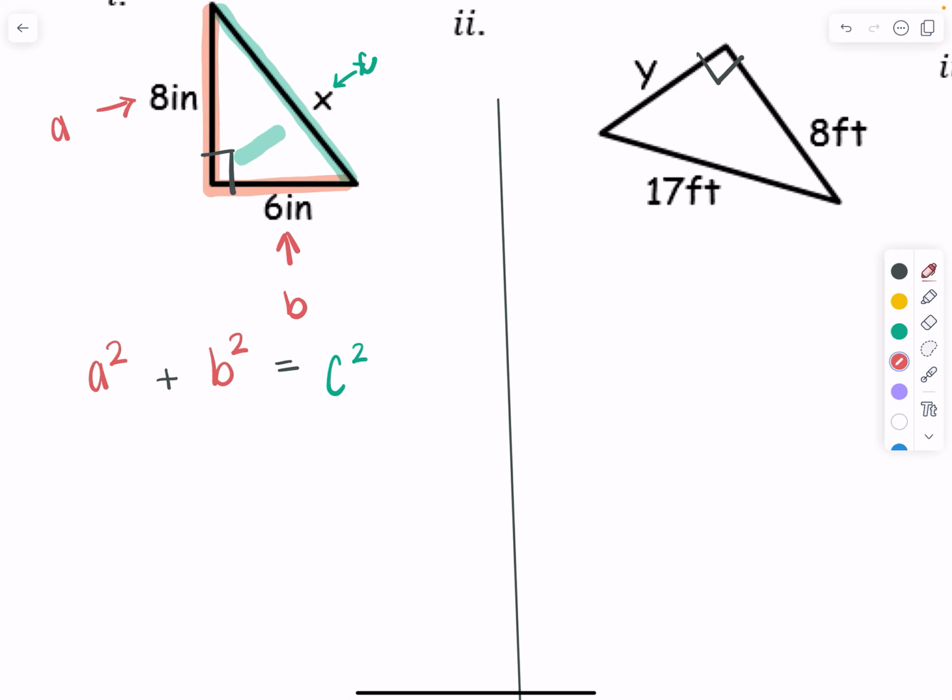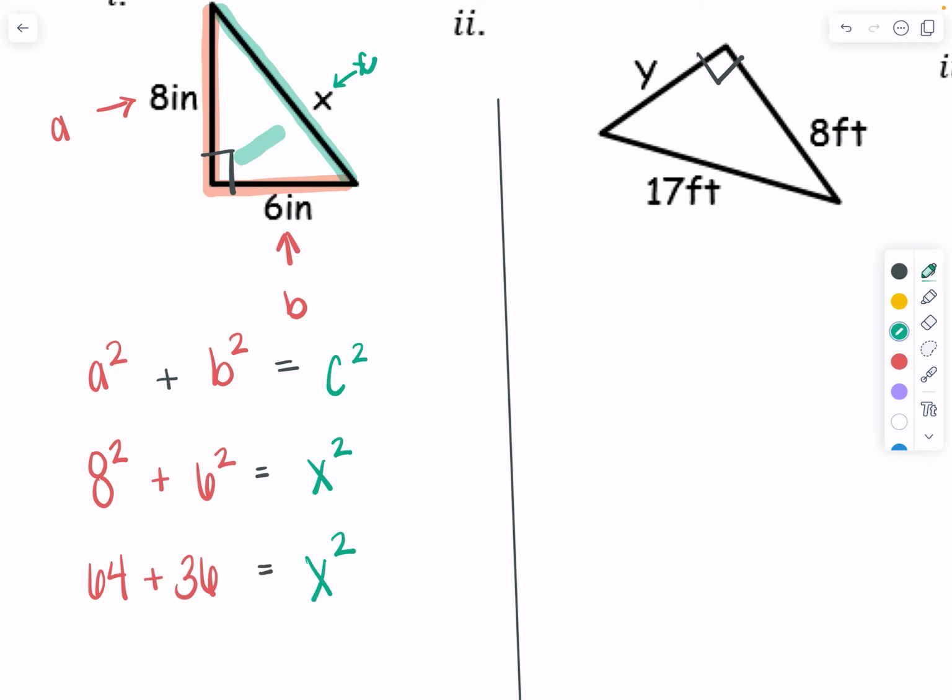All right, so let's fill all those numbers in. A is 8 squared plus B, we said, was 6 squared, and that has to equal C squared, which is X squared. So 8 squared gives me 64, and 6 squared gives me 36, and that has to equal X squared.